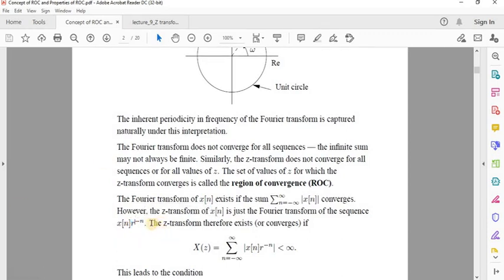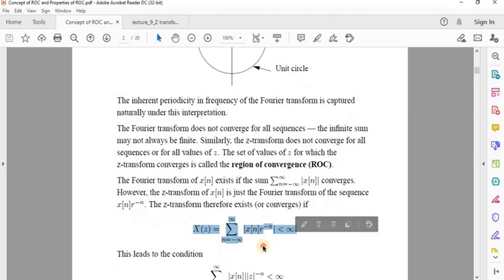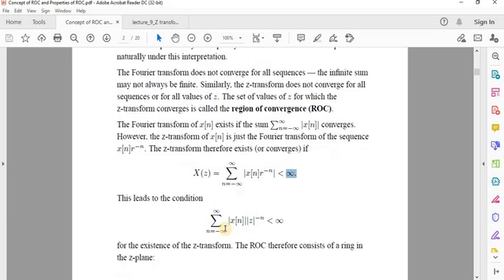And the Z transform therefore exists or converges if this condition is satisfied. If this condition is satisfied, then we can say our Z transform X of Z converges. The condition is nothing but the summation of the Z transform is less than infinity.